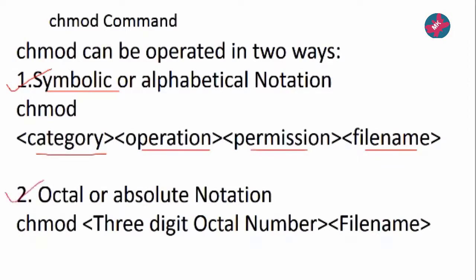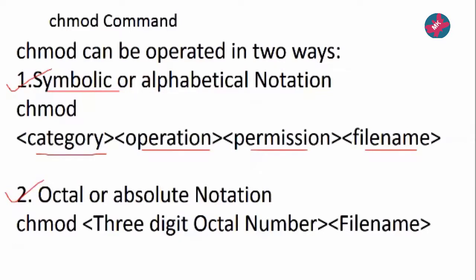Here the syntax is chmod, a 3-digit octal number and the file name. In these two ways we can use the chmod command to set or change the privileges or rights of the different types of users. One by one we are going to see how both these methods are used.